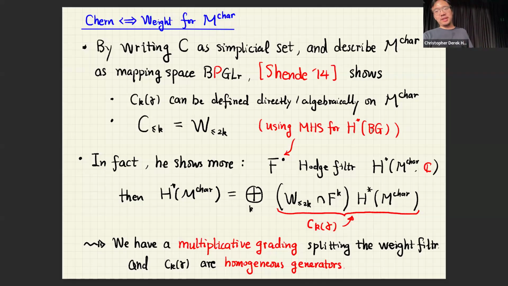The cohomology of PGL_r is generated by the Chern classes, and for every Chern class you know it satisfies this property. The Chern grading detects the weights, and then using the functoriality of the mixed Hodge structure, you get that the Chern filtration is matched with the weight filtration.